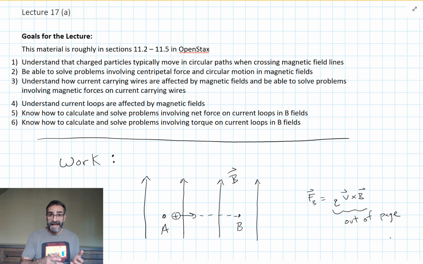That component cannot change the speed of the object, but it can change the direction of the velocity. So if this force always points perpendicular to the velocity vector, it cannot change the speed of the object. It can only change its direction. That means it can do no work.